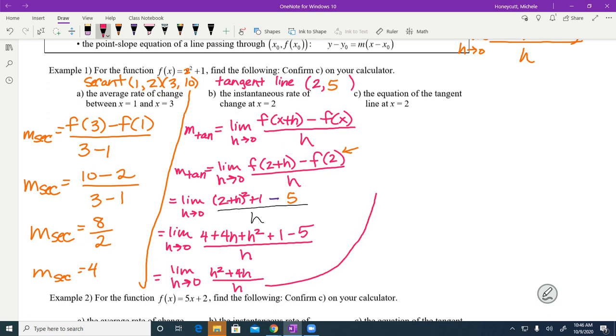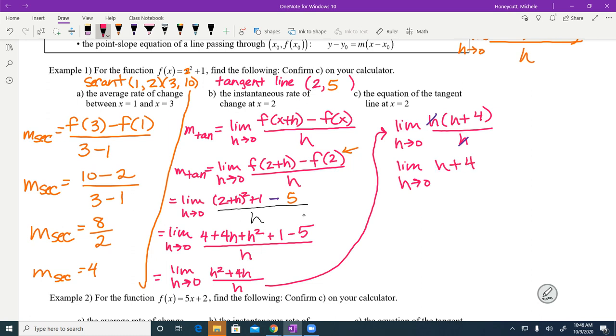Then I can factor out an h. So I'll have the limit as h approaches 0 of h times h plus 4, over h. And then I can divide out those h's to just have the limit as h approaches 0 of h plus 4.